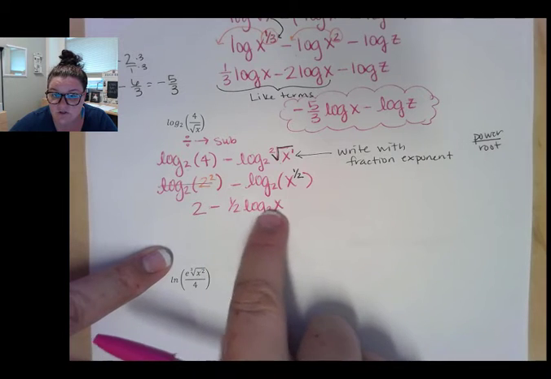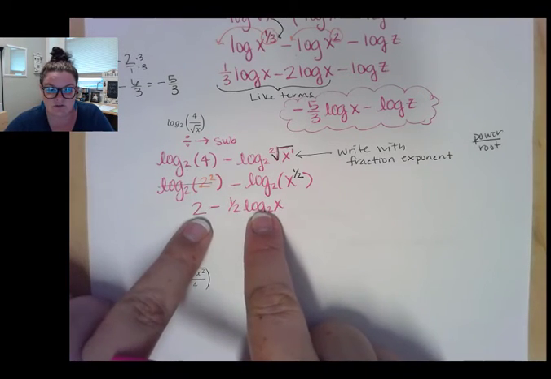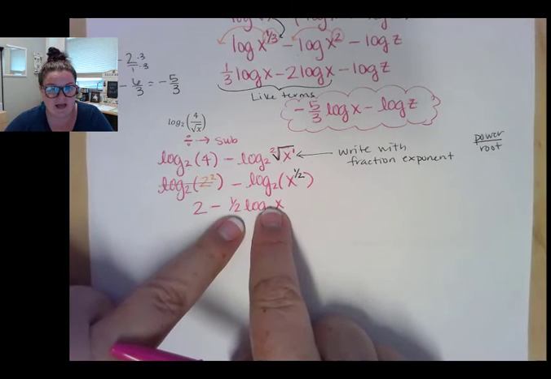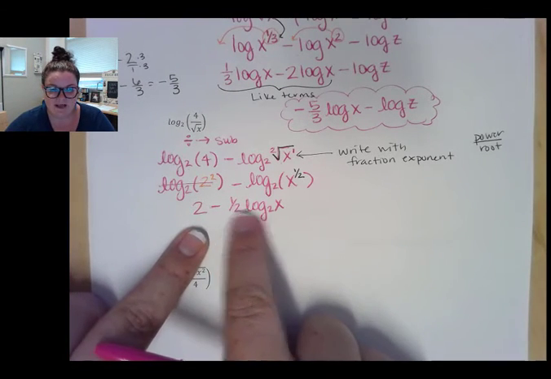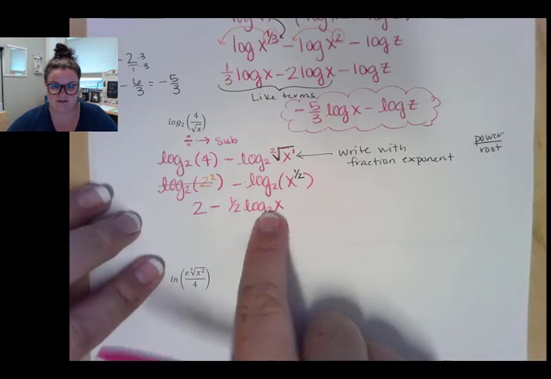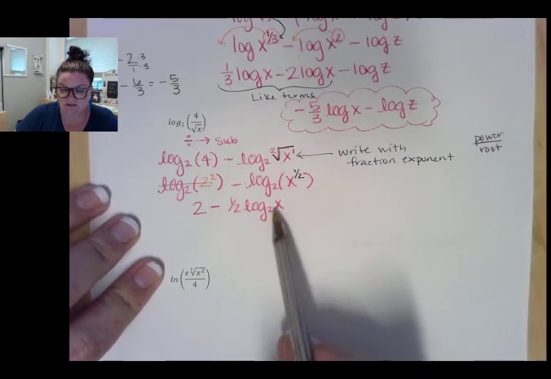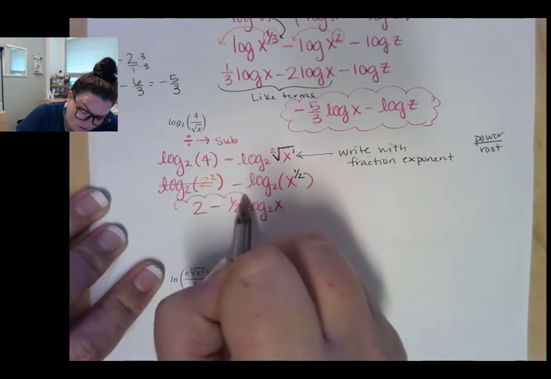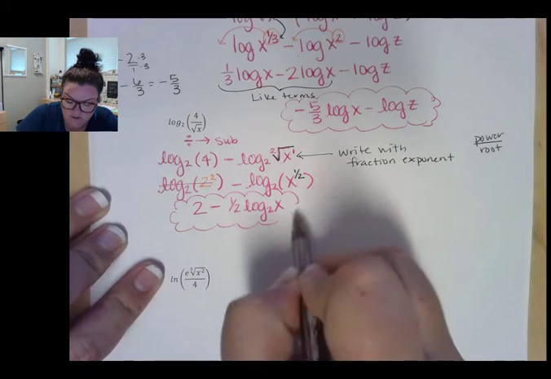This is its own term, and the 2 is its own term. So don't do 2 minus 1/2. You can't do that. This is one piece, and the 2 is its own piece. And nothing is going to cancel out this log base 2 because I just have an x inside. So on this one, that's as far as I can go.